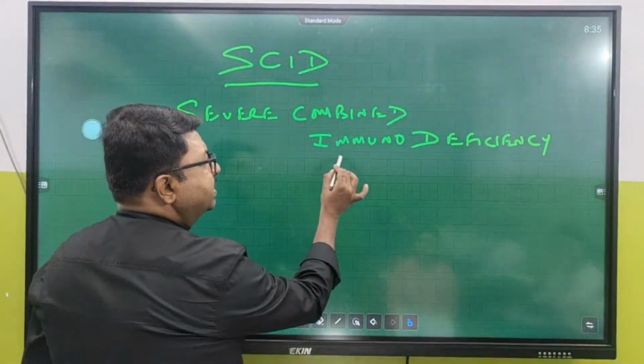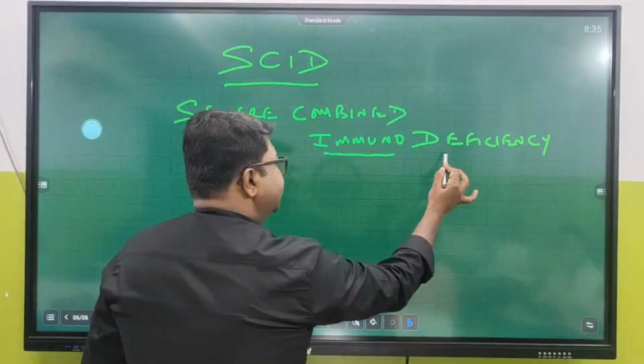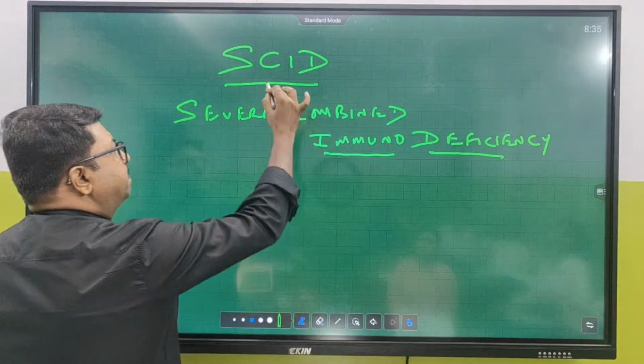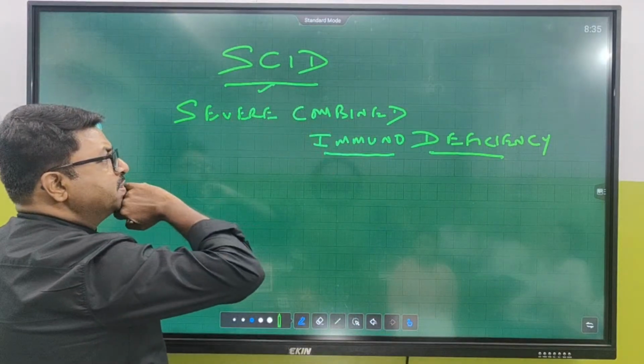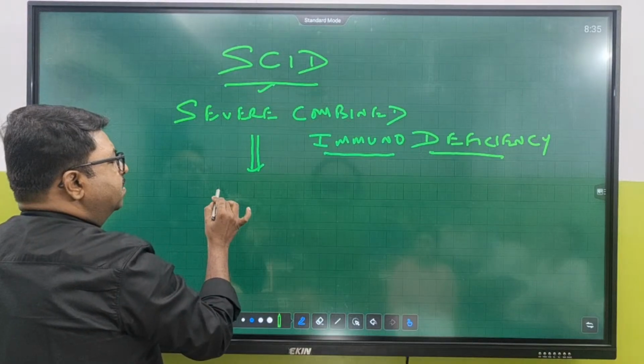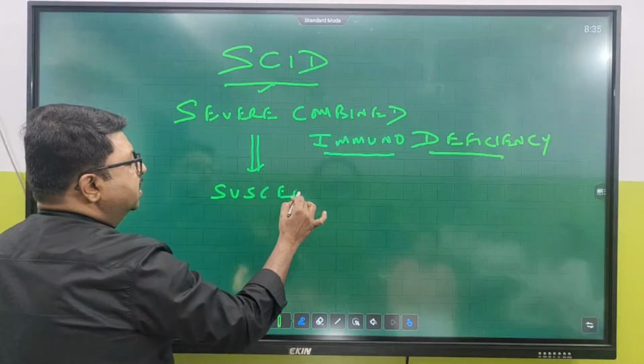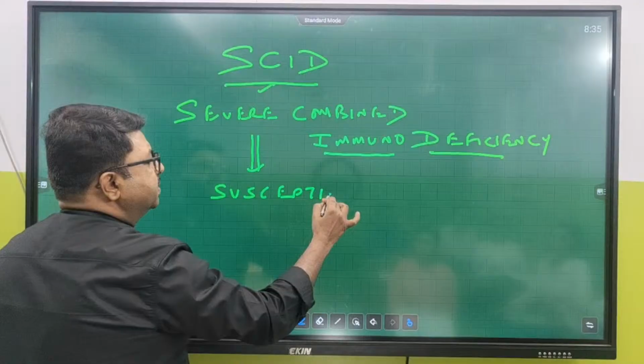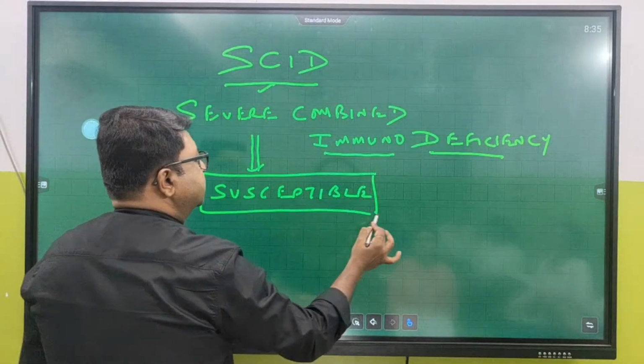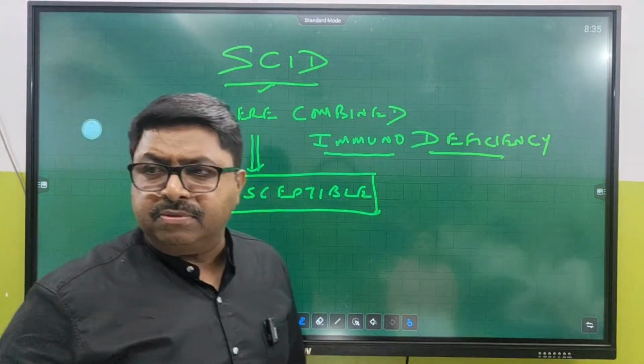Now tell me, what is deficient? The immune system is deficient. That means the person suffering from severe combined immunodeficiency is definitely going to become vulnerable or susceptible towards different types of disease.